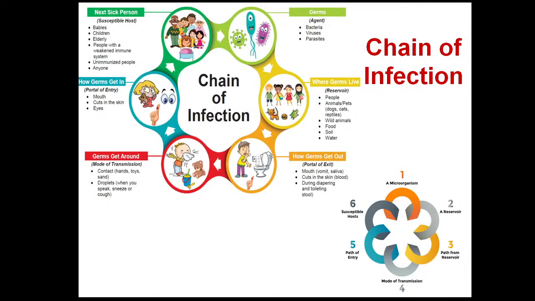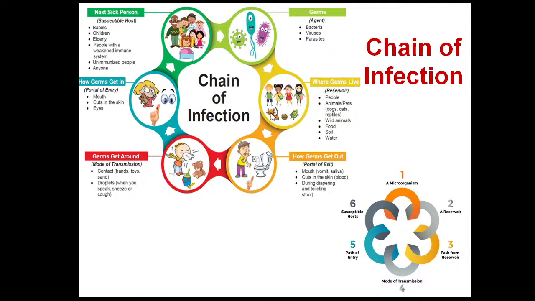So now again, the chain of infection. See, in this simple one, we need a microorganism that we can see, some germs here, right? So bacteria, viruses, parasites, whatever. Then what serves as a reservoir of infection? When we are talking about pathogenic microbes, mainly, I would like to underline, not always, but mainly, the germs live in the human being, right?